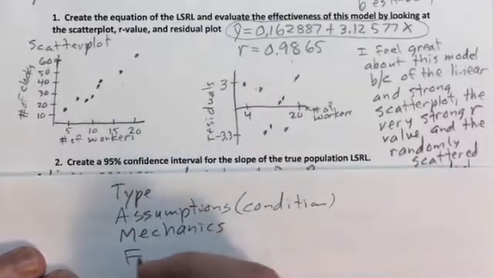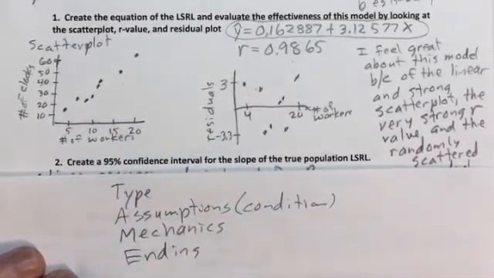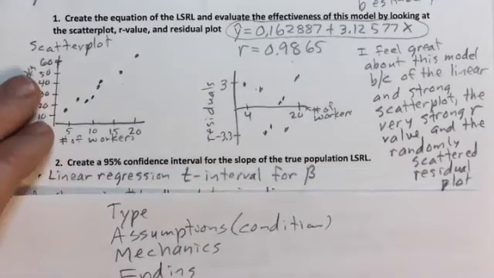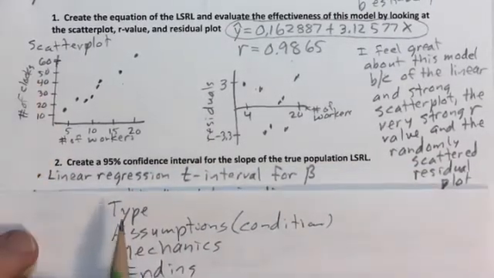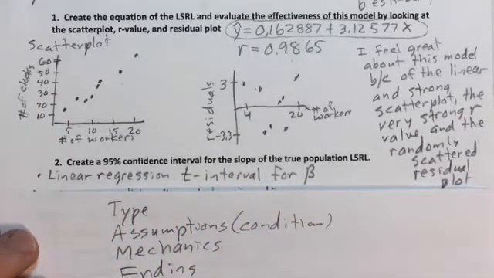And then do our ending: interpret our interval in context. So that's what we're going to do. The name of the type of inference is a linear regression t-interval for beta. That's the name that you have to know. That's the 12th inference you have to know the name of, so you've only got one more.